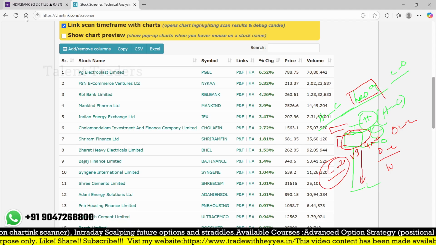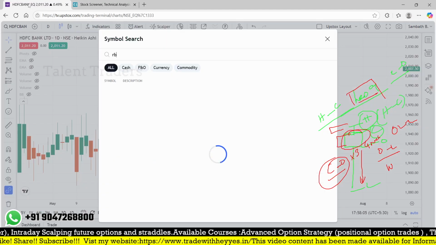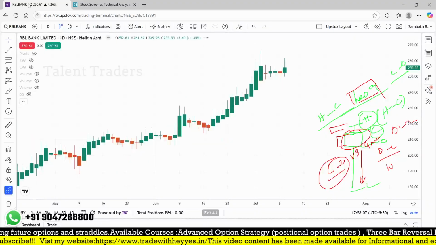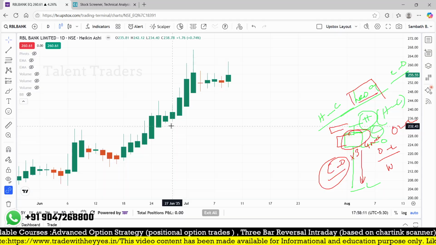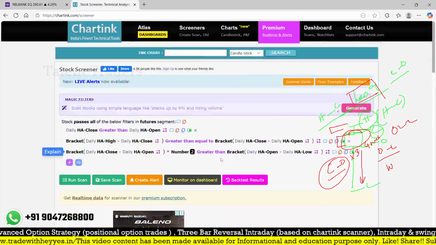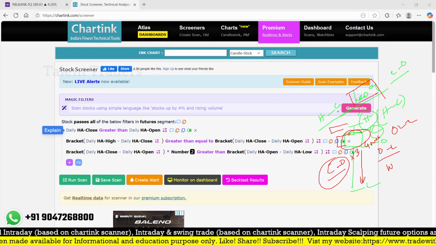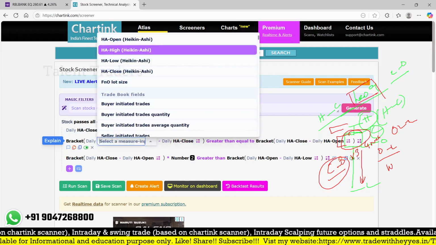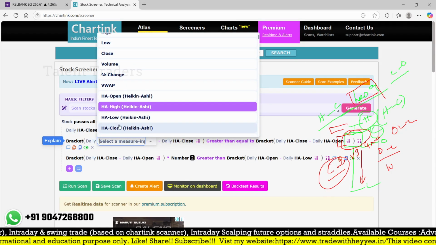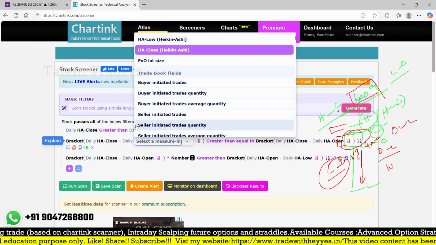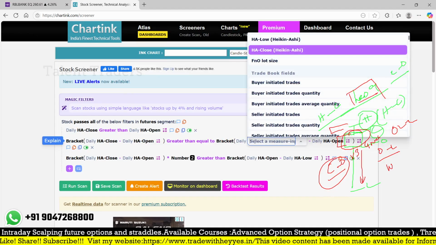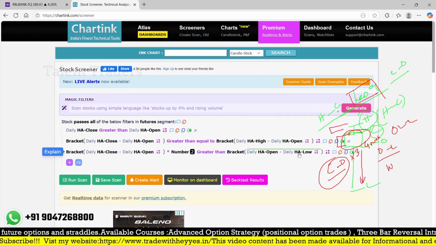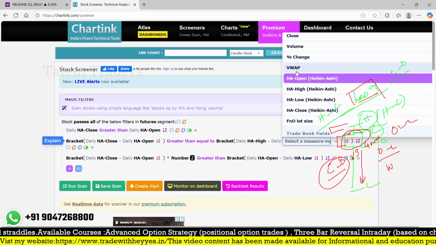Let me try IEX or RBL. Greater than, something mistakes here. Let me check here. Let's try some changes here. So we are comparing the body of the candle, close minus open, and open minus close.